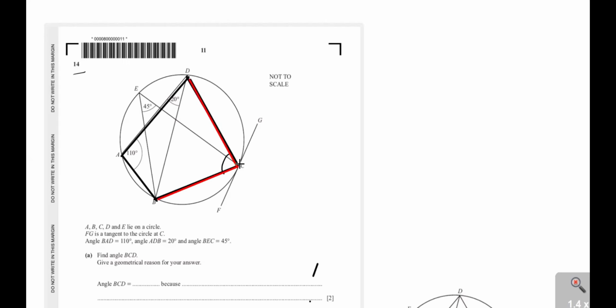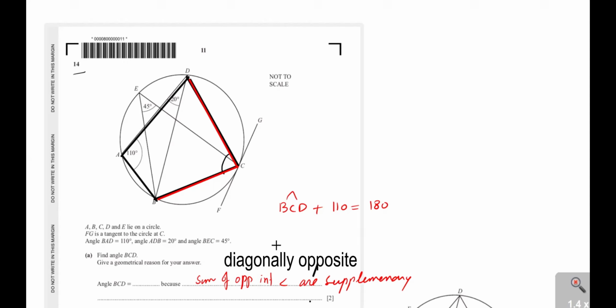The sum of diagonally opposite interior angles of a cyclic quadrilateral equals 180. This is the property, and therefore we can write angle BCD plus angle A, 110, equal to 180. The reason here is the sum of diagonally opposite interior angles is supplementary. Therefore, BCD will be equal to 180 minus 110, and this is equal to 70. We write here 70.